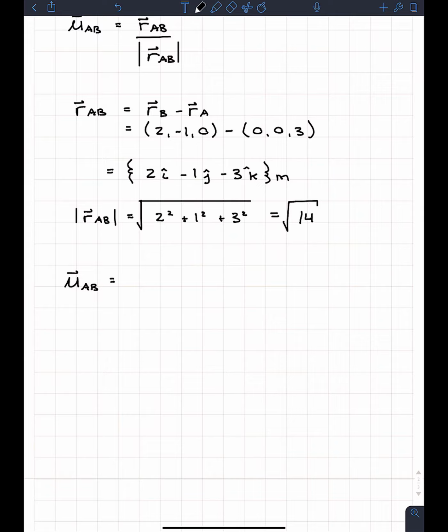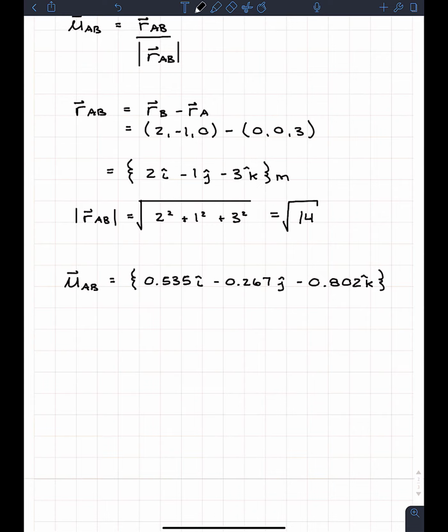I personally like to go just 3 decimal places, so I'm going to start the unit vector, and what I get here is 0.535 in the I direction, minus 0.267, and that right there is in the J direction. And finally we go minus 0.802. Oops, I was going to put 820, 802, and that's in the K direction. So I can close this bracket.